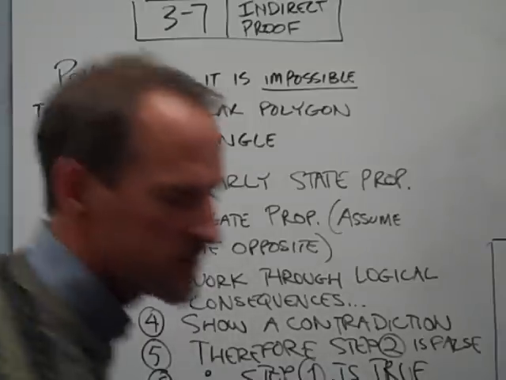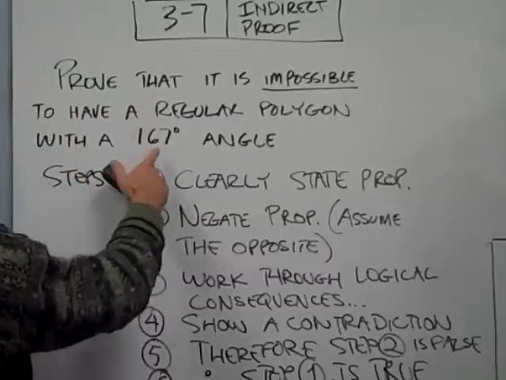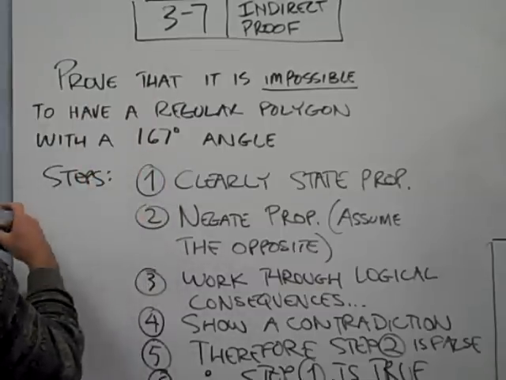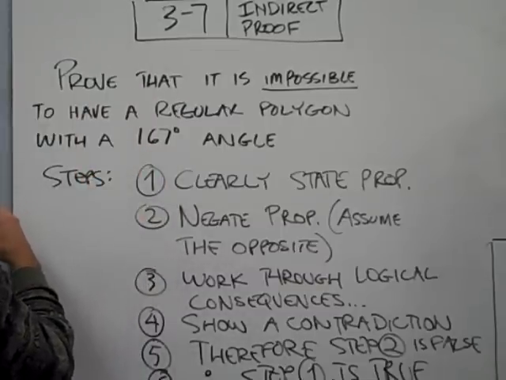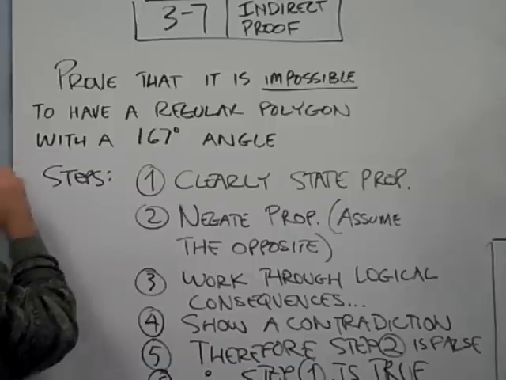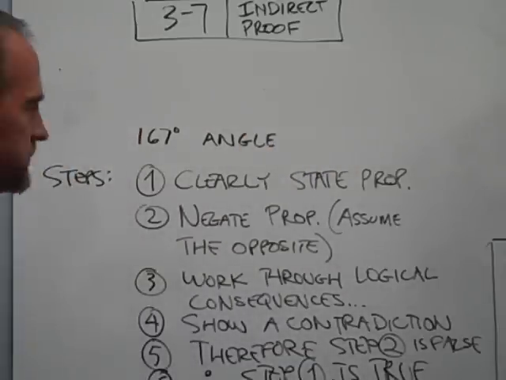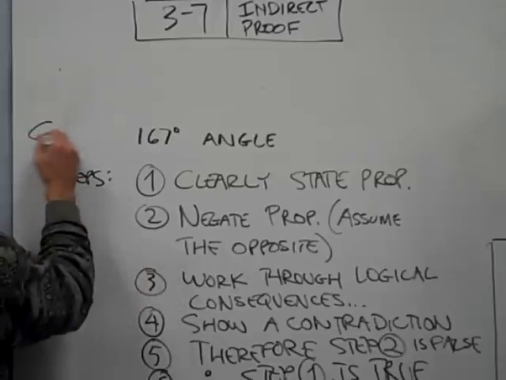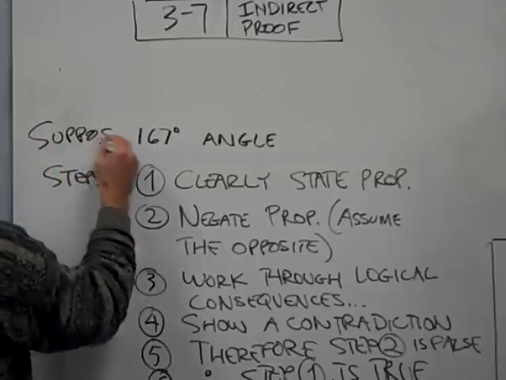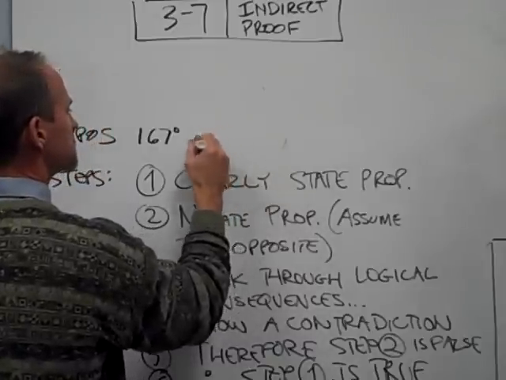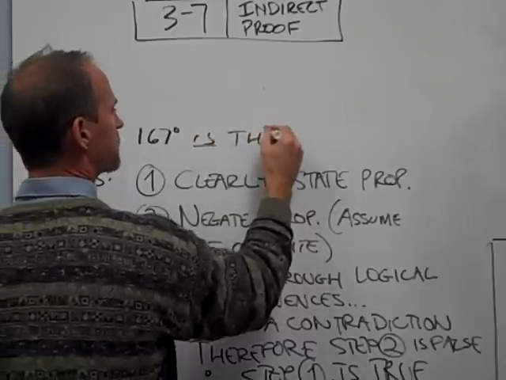All right, so how do I do that? I'm going to erase my original writing up here. Prove that it is impossible to have a regular polygon with a 167-degree angle. So I'll say, step 2, suppose it is possible, and 167 is the measure.